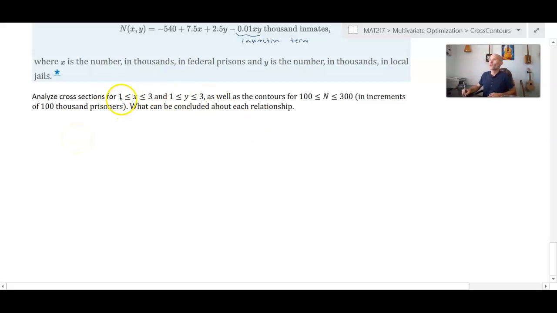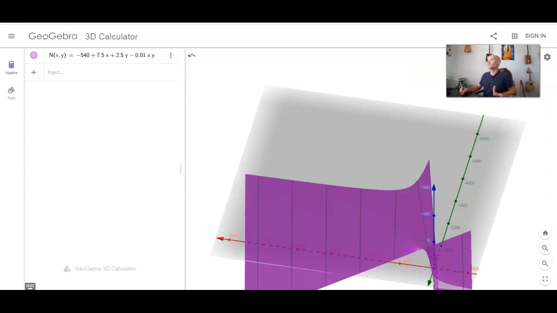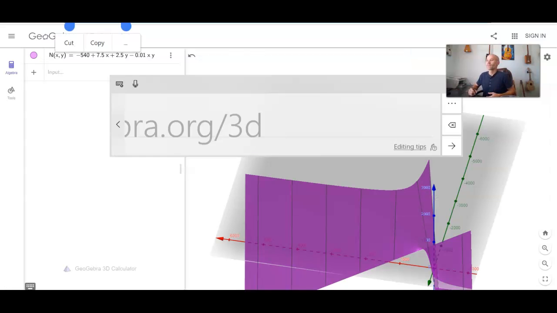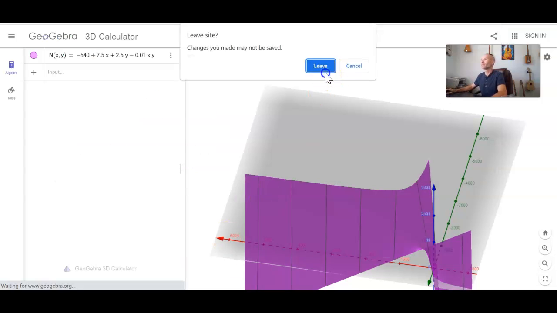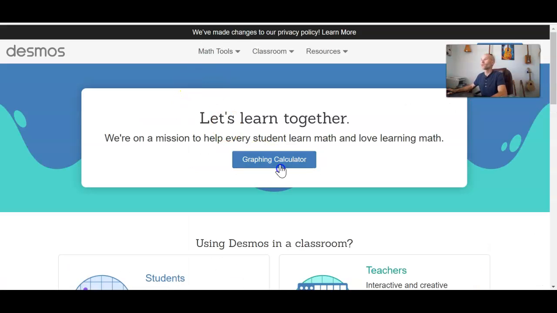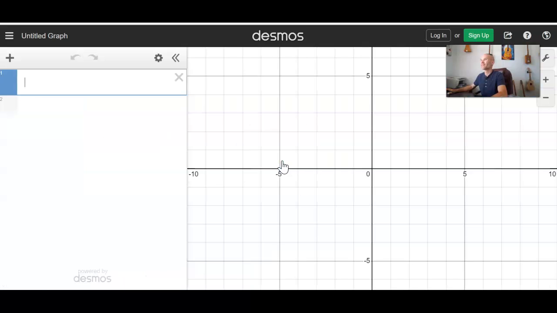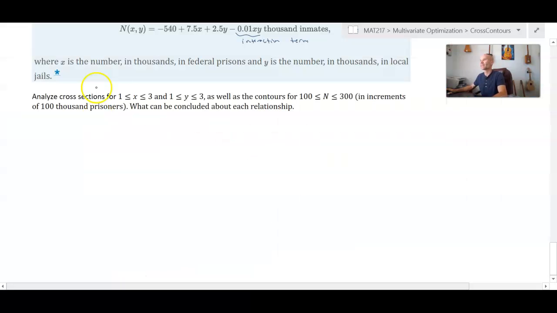First of all, when we hold x at positive 1 versus positive 2 versus positive 3, we're going to just use Desmos for this, because it's going to be a lot easier for us to visualize what we have going on, and we're not going to often plot these by hand.